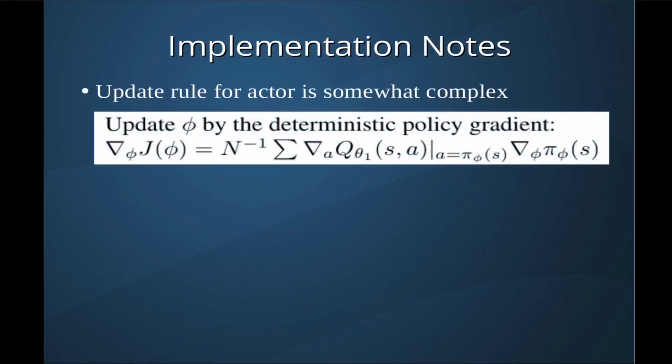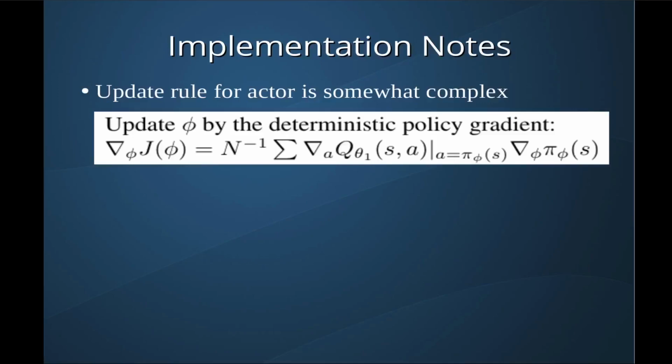The update rule for the actor looks a little bit scary, but it's actually not. This is the update rule from the paper. J is going to be our loss function for our actor. It's a function of phi, the parameters of the policy network. And you want to take the gradient of the cost function with respect to the parameters of the policy network.